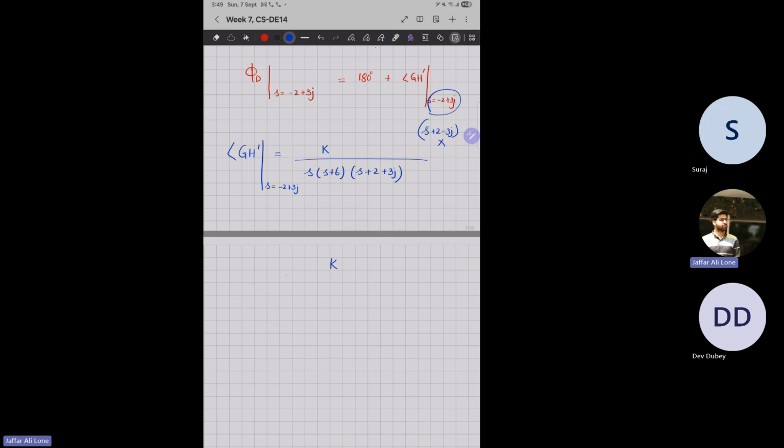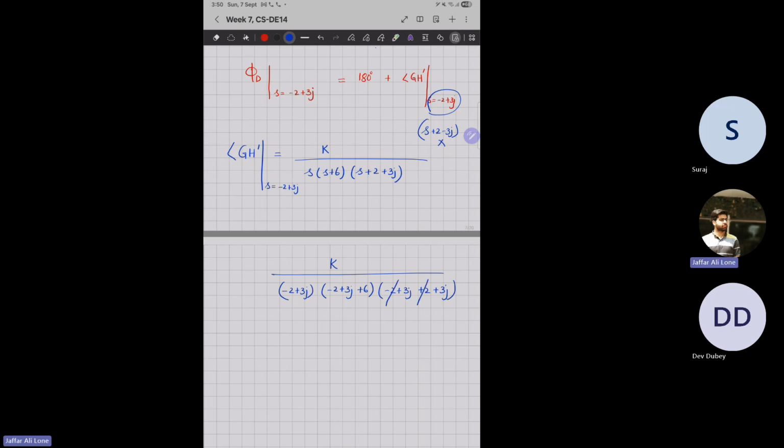Okay, now let's find the angle. I will get K divided by minus 2 plus 3j into minus 2 plus 3j plus 6 into minus 2 plus 3j plus 2 plus 3j.